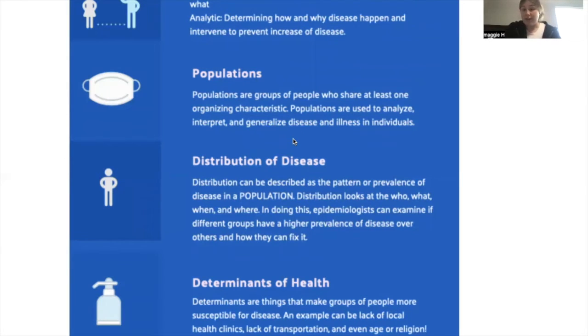So, for example, if an African-American community in rural Nebraska has a higher prevalence of a disease, let's say, again, COVID, they're going to look at why exactly that's happening. Is there something going on in the environment that's causing them to get this? Is it because of different things, like maybe those people are unhealthy because they live in rural Nebraska, or what exactly is the reasoning for that?